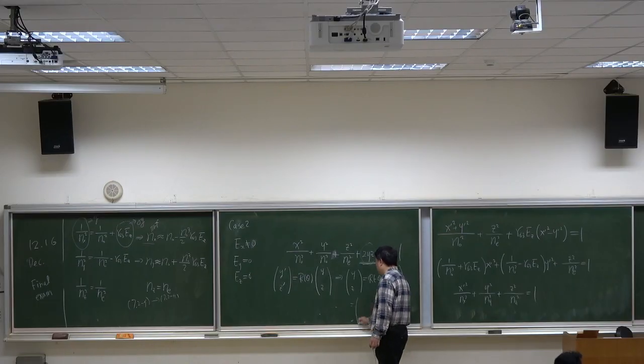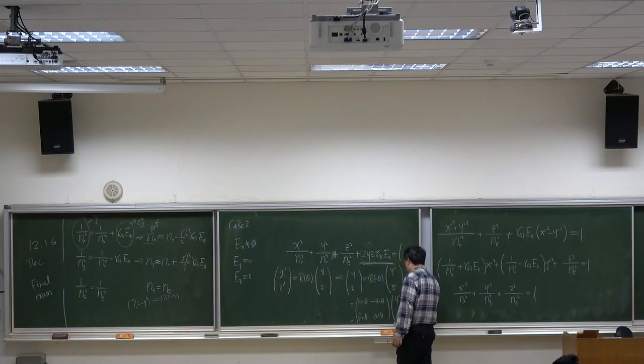And this is the matrix cosine theta, minus sine theta, sine theta, cosine theta, acting on y prime, z prime.